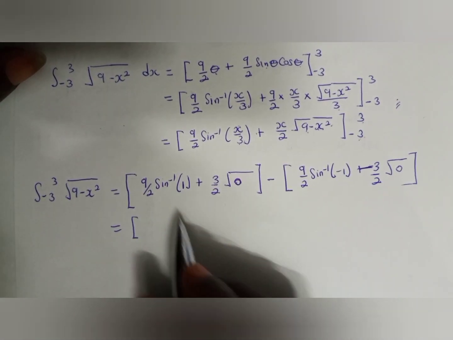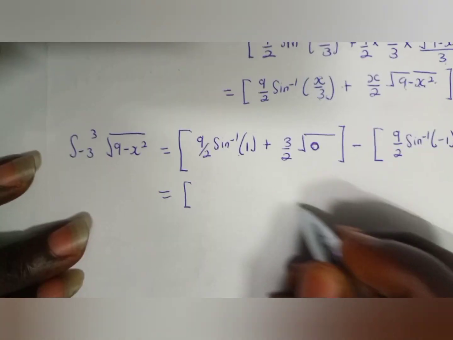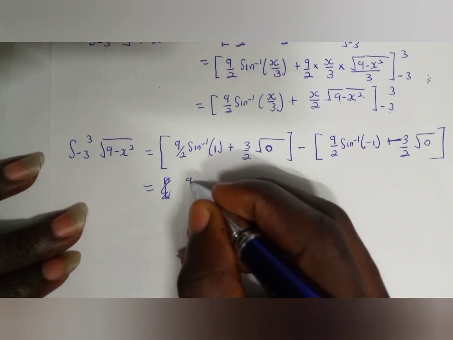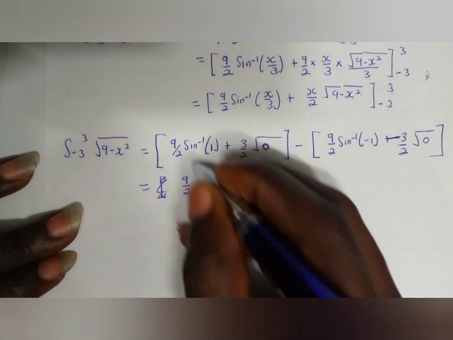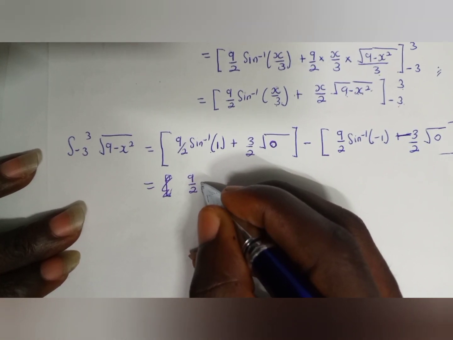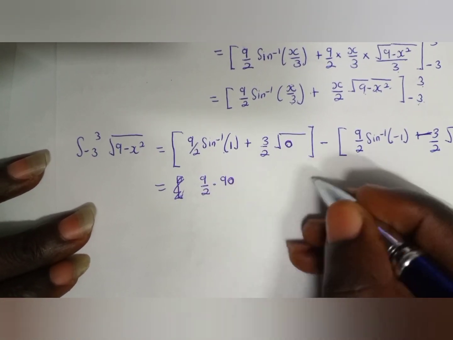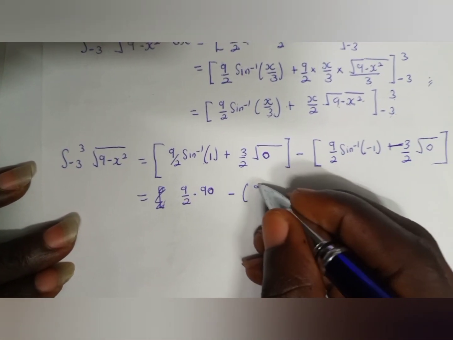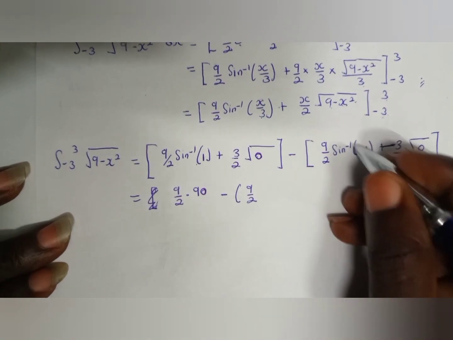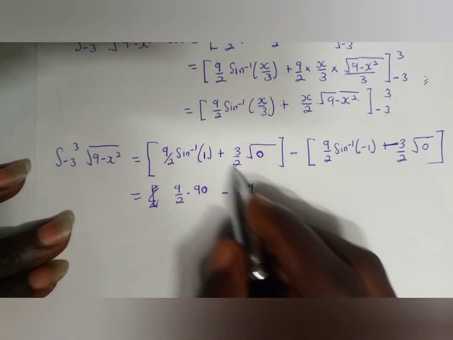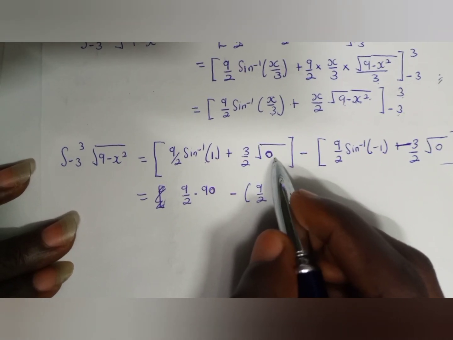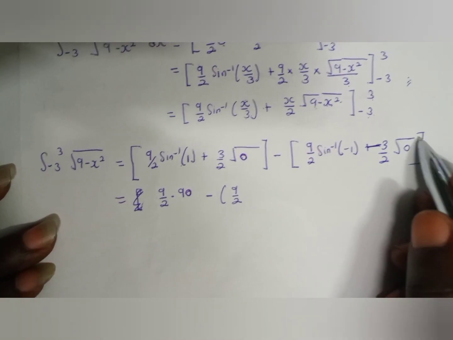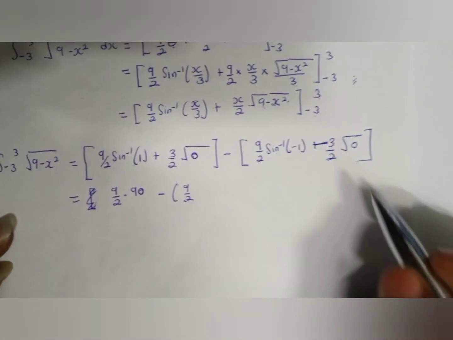So we are going to get 9 out of 2 sine inverse of 1, which is 90, minus, in brackets, 9 out of 2 sine inverse of negative 1. Root 0 is 0, so both of those terms are 0.